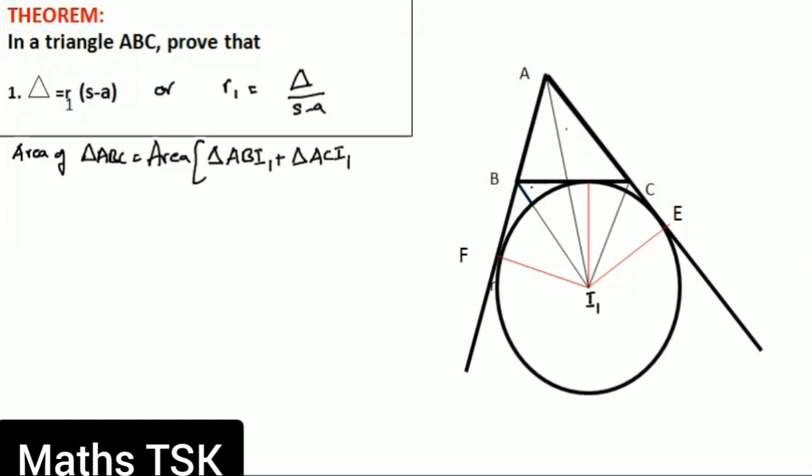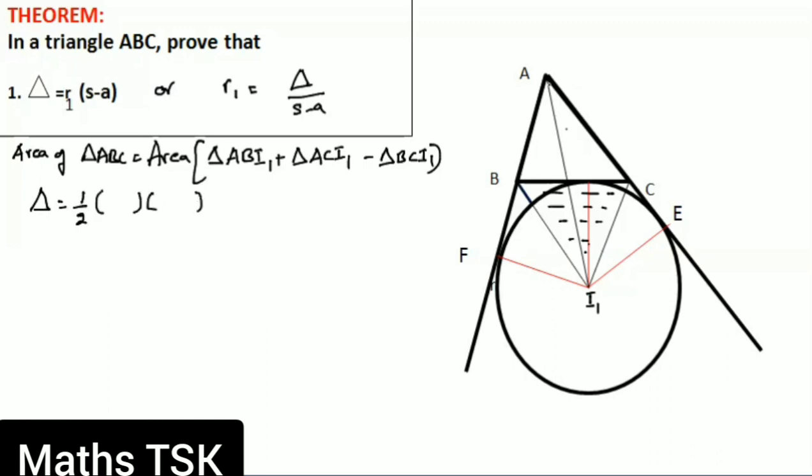This area we have to eliminate, minus the triangle BCI1. The area of the triangle is denoted by delta. We all know, what is the area of triangle ABI1? Half into base into height.